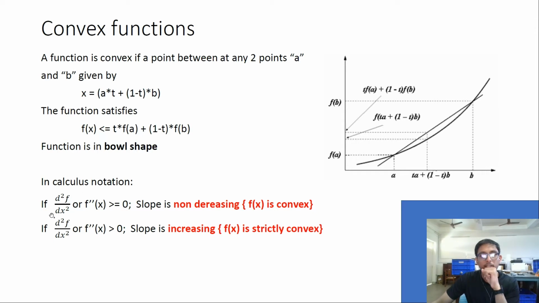Then you calculate the second derivative and put the value of that stationary point into the second derivative. If you are getting a value greater than or equal to 0, then you can call it a convex function. What does that mean? Yeah, Pankaj, please.